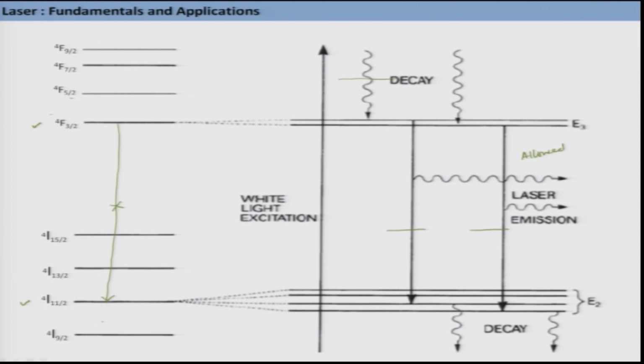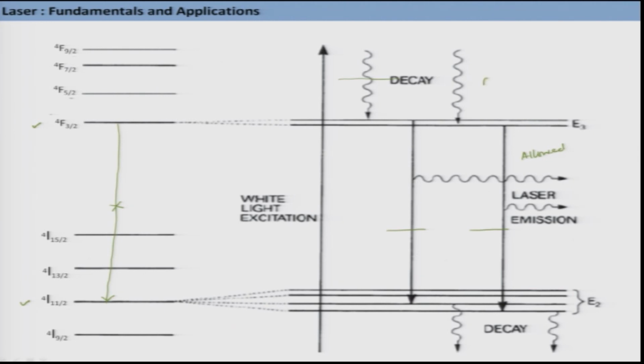Okay. So what happens once we provide light energy, provide photons from the flash lamp, just like in the case of the ruby laser, the Nd3 plus ions make a transition from the ground state to 4F5/2, and from there it rapidly decays to this 4F3/2. So, this is the rapid decay.